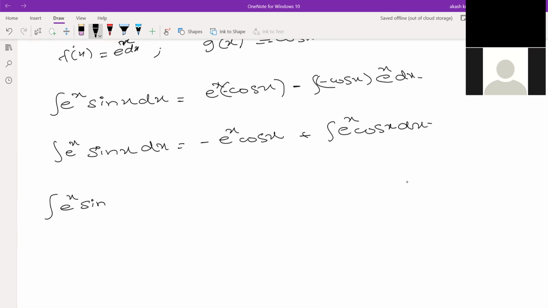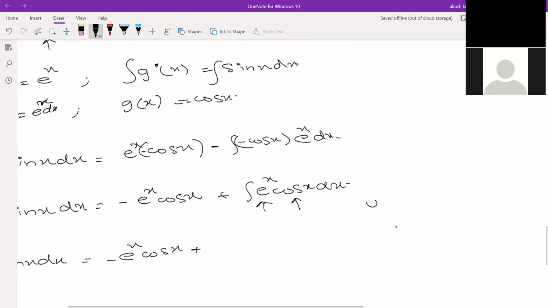So the integral of e^x sin x dx is equal to minus e^x cosine x plus, okay, again we have two functions, e^x and cosine x.